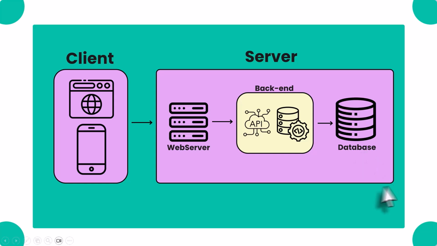Then we also have a database here, and the backend is also responsible for managing the connection between the database and the main application, to store some information there or fetch some information from there.